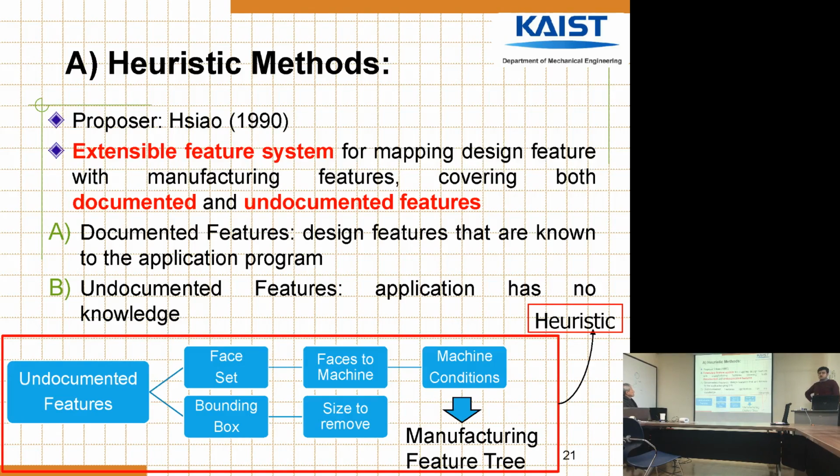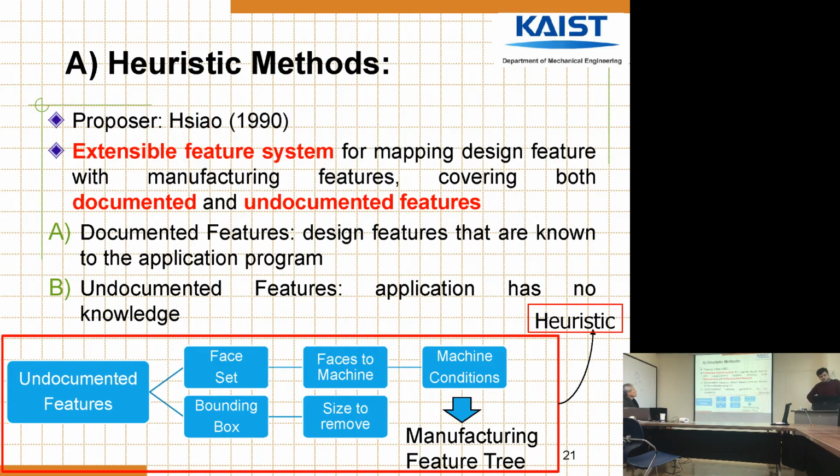And he said that we can have such a database where both documented and undocumented features can be stored in advance. So documented were those which are known to the application program, and undocumented features are those of which the application has no knowledge. So heuristic here is applied on the undocumented features.